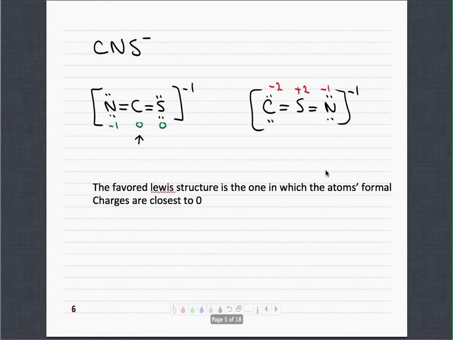Experimentally, we find out that it is the formal charge. Does that make sense? Okay. So this is why we use the formal charge. There is another reason that we're going to use the formal charge, which I'm going to talk about later, after we talk about resonance structures. But this is one of the main things that we use formal charge for.